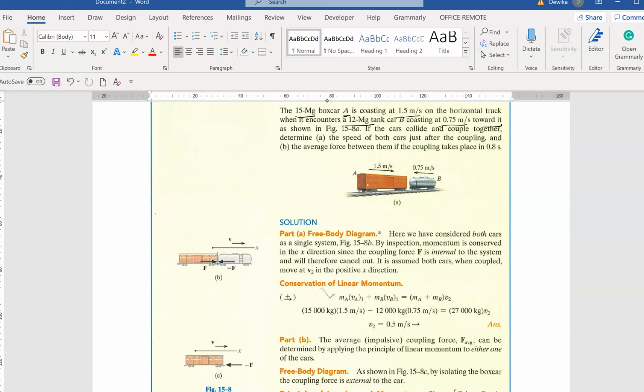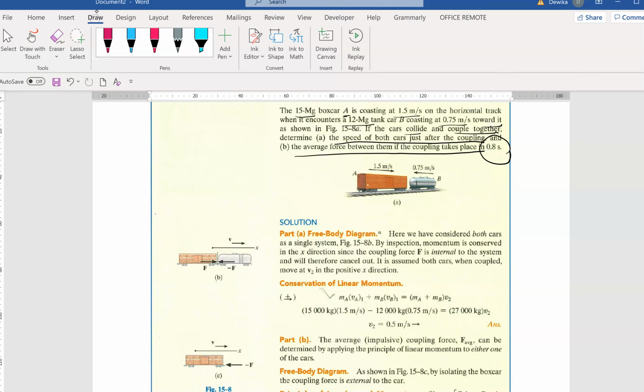So you're having a collision here. If the cars collide and couple together, determine A, the speed of both cars just after coupling, and B, the average force between the cars if the coupling takes place in 0.8 seconds. That's what we are going to calculate.